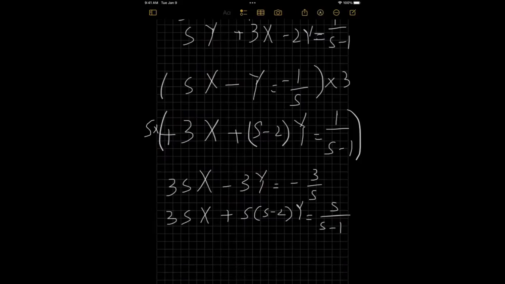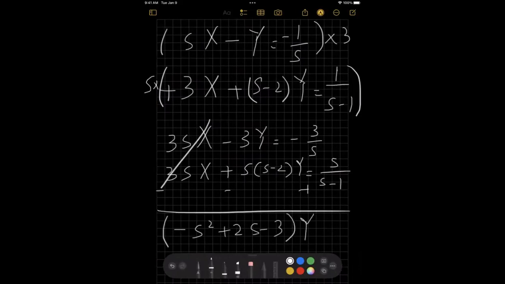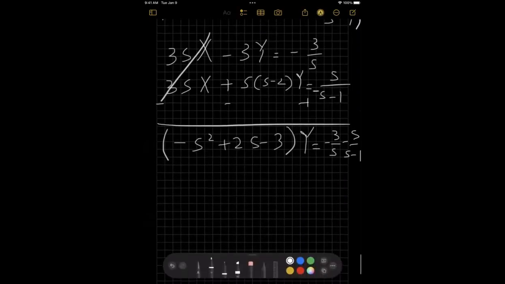So when we have these two, we can cancel our one variable. This will be gone. We have minus s square plus 2s minus 3y equals minus 3 over s minus s over s minus 1. So now you have the form where you can solve it.